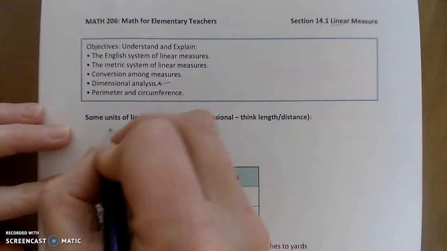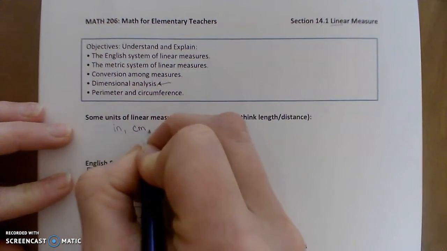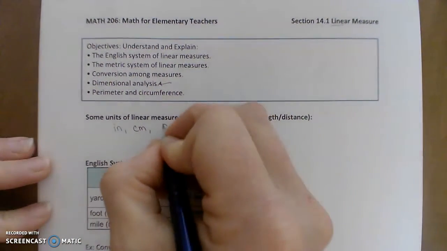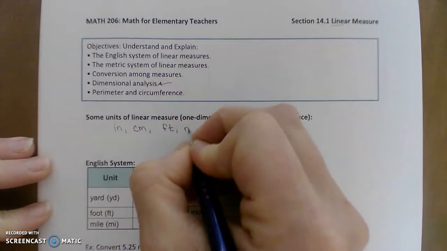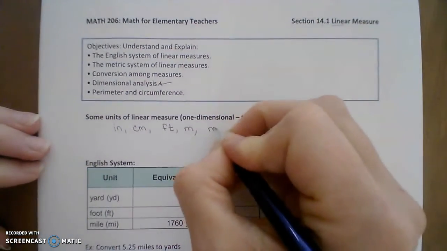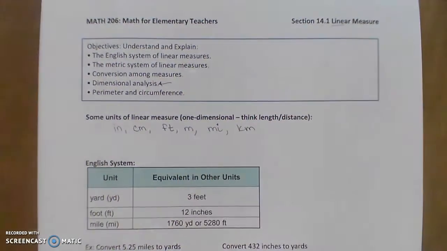Some typical measurements are inches or centimeters or millimeters to measure very small distances, or maybe feet or meters to measure slightly larger distances. How about miles or kilometers to measure very long, great distances?